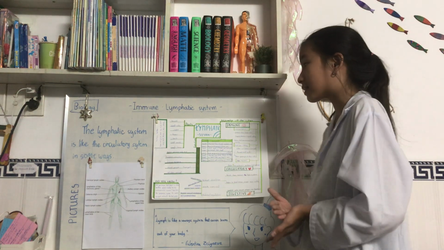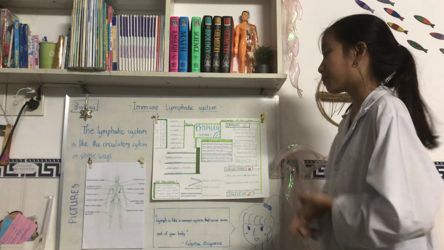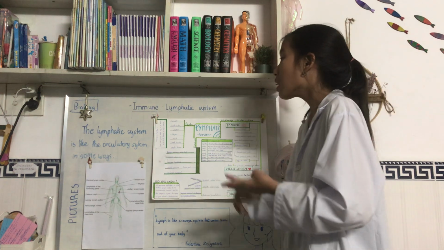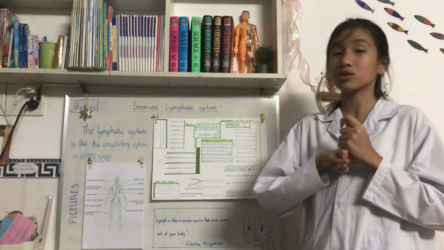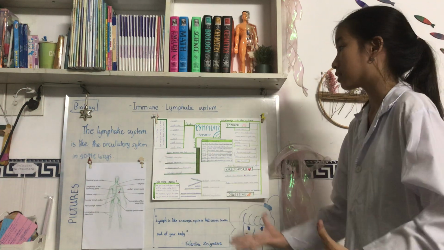Now, the lymphatic system consists of the spleen, the lymph nodes, the thymus, the tonsils, lymph vessels, lymph tissue, as well as other main components.